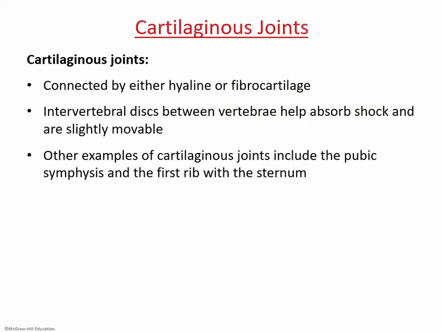Under the cartilaginous joints, it's either hyaline cartilage or fibrocartilage. Any place where there's going to be shock, where there's going to be hard use, like the pubic symphysis or the discs of the spine, there's fibrocartilage because it's tougher than hyaline cartilage.